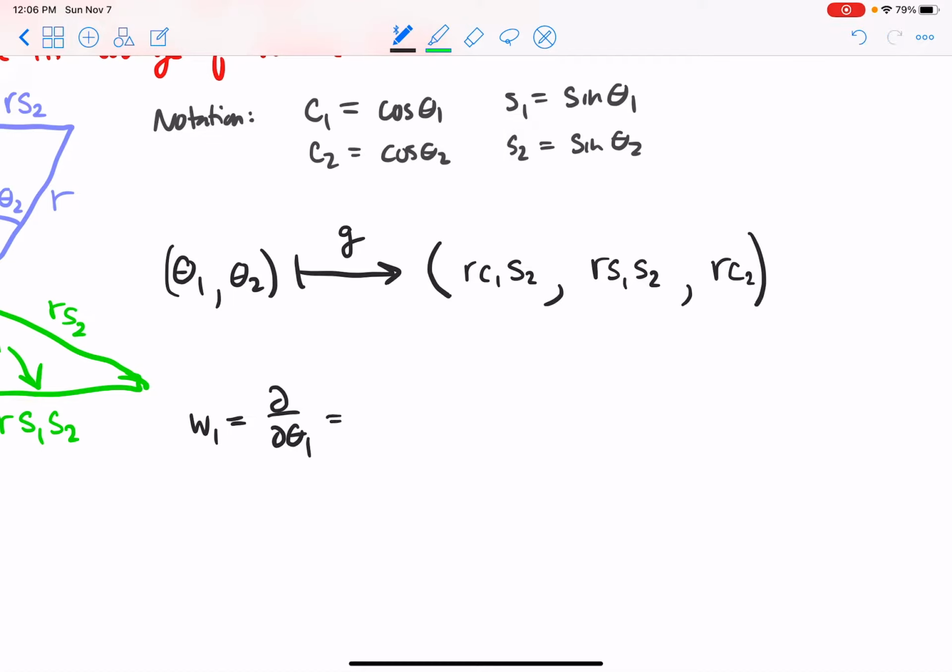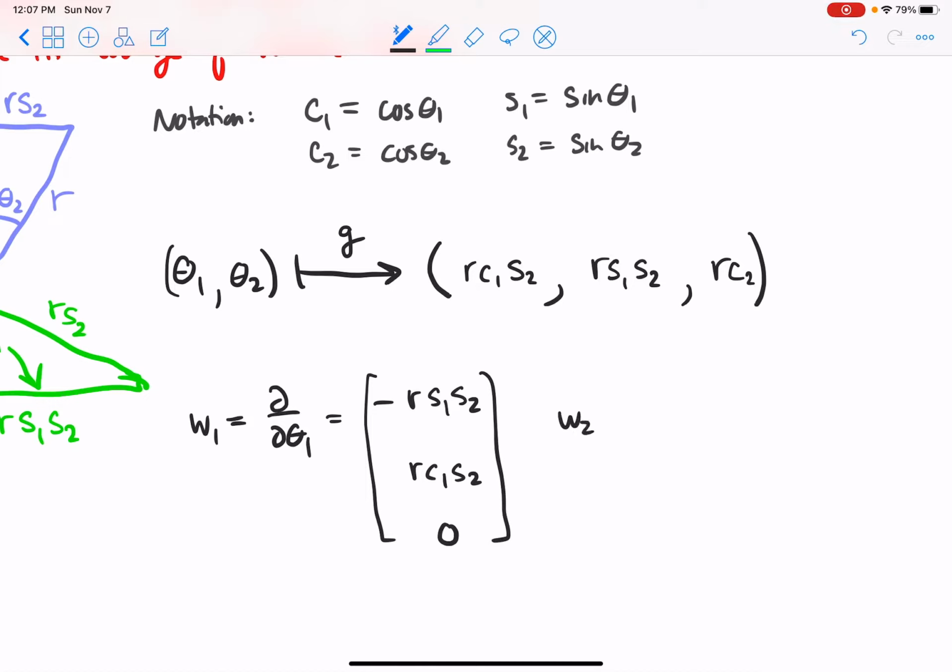And so we're going to get something like minus r S1 S2. This is a constant, so they just hang out. The cosine becomes minus sine. I do the same thing, partial theta 1, and what I get, a sine becomes a cosine, and the others hang out. Partial theta 1 gives me 0. There's no theta 1 here, so this gives a 0.